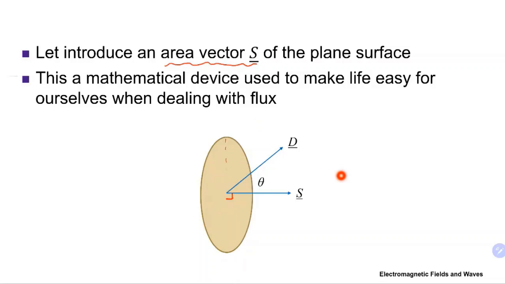Okay, if you think of this as my circle, my vector S is my area vector, and that is perpendicular to the surface area. So now my D will be at an angle theta from my vector S.